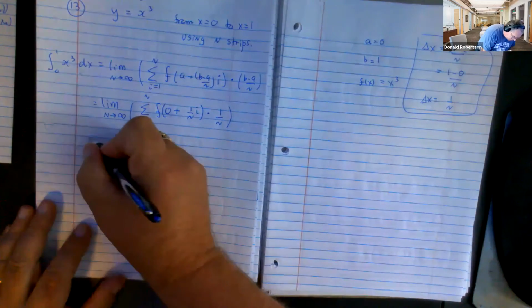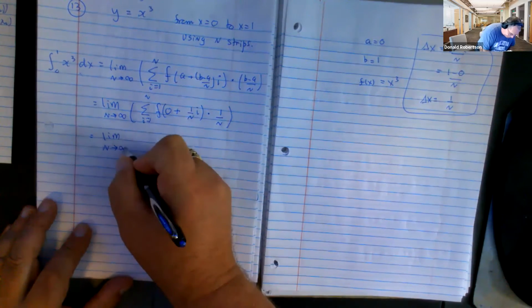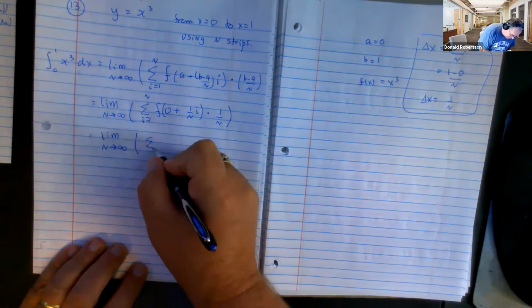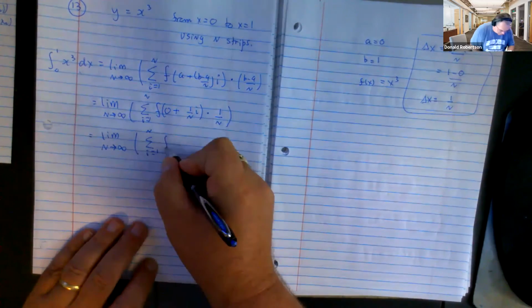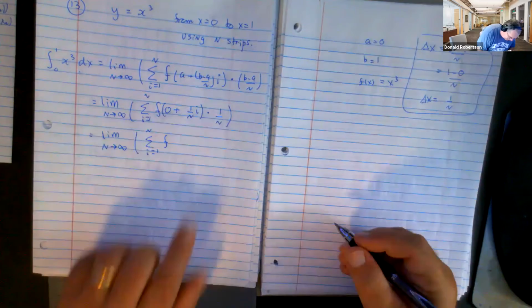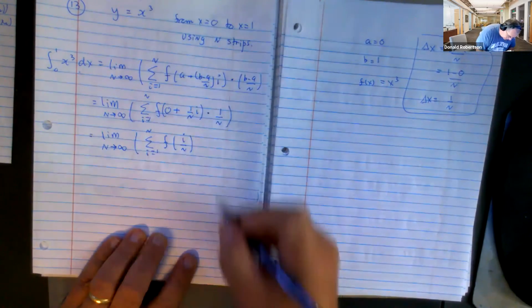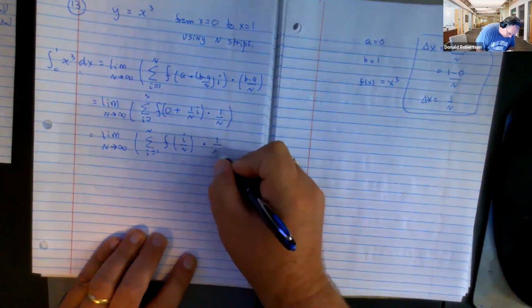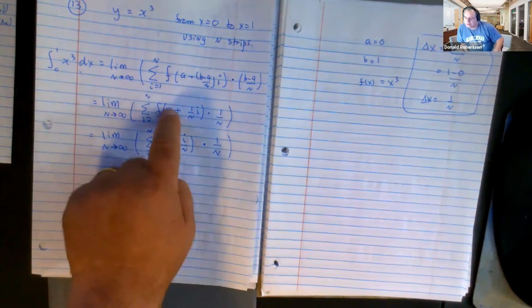And that becomes the limit as n tends to infinity of the sum from i equals 1 to n of, well, nothing plus this guy ends up just being the value of the function at i over n times 1 over n. Still with me? Are you happy about how this becomes this and now this becomes this?